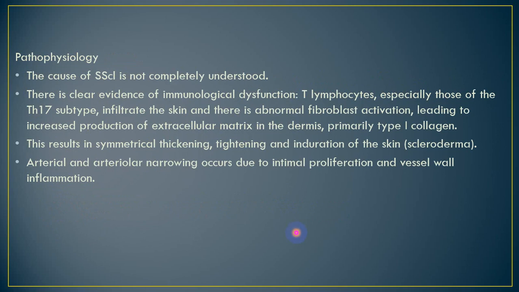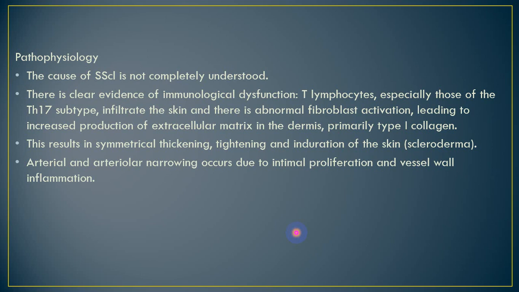How does the disease occur? What is the pathophysiology? Although the disease is not completely understood, there is clear evidence of autoimmune or immunological dysfunction, where T lymphocytes play the major role in the initiation of inflammation that leads to fibrosis.